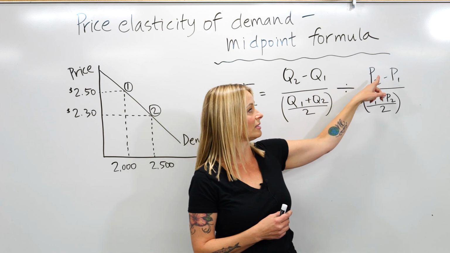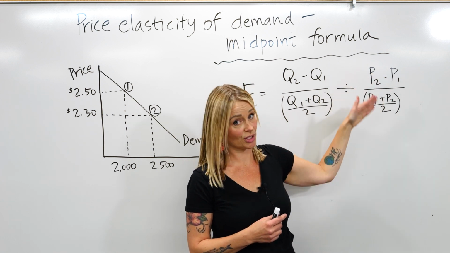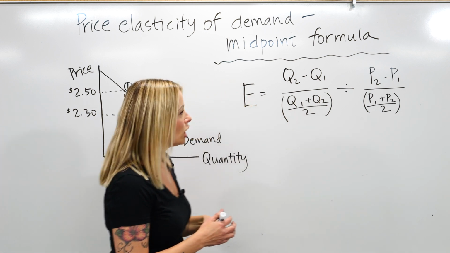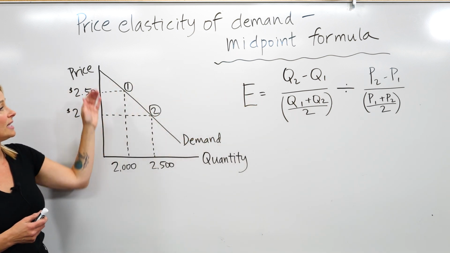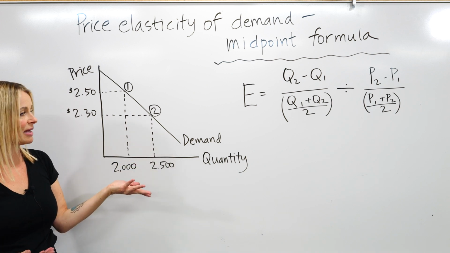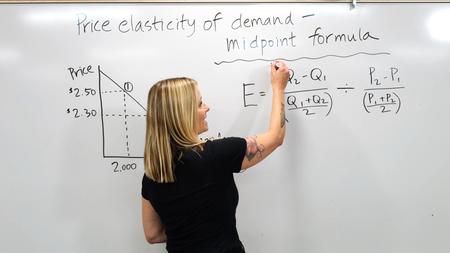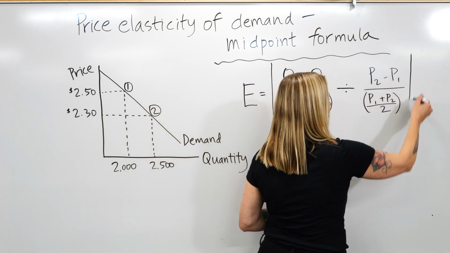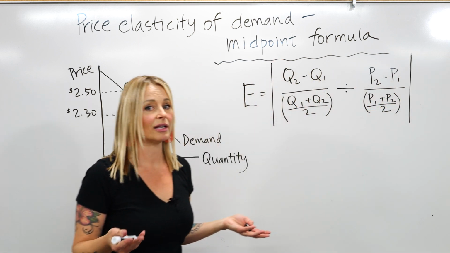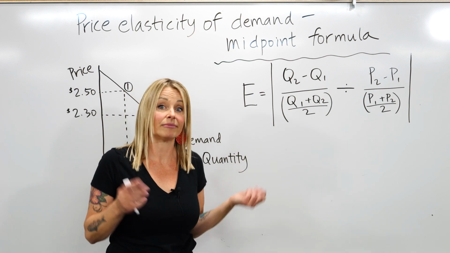And then we're looking at the change in price divided by its midpoint, which gives us the percentage change in price. Also, because the demand curve is always going to be downward sloping because of the law of demand, this will always be a negative number. So we also need to take the absolute value of what we get in the end, which, as you might recall, just means if it's a negative, you just take off the negative sign.